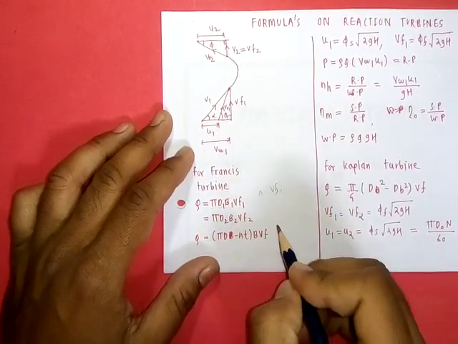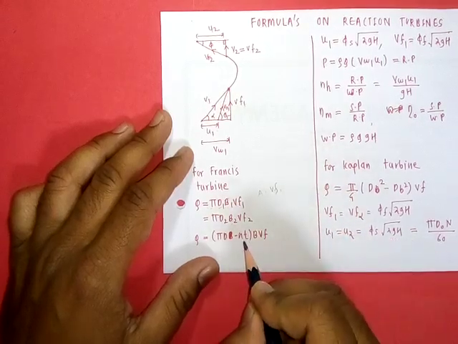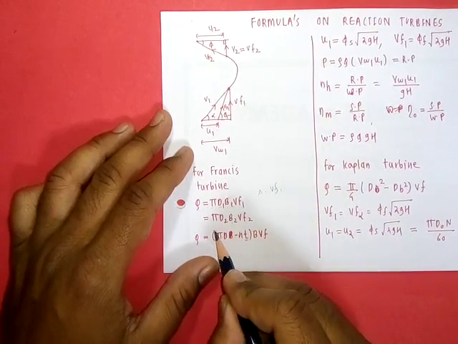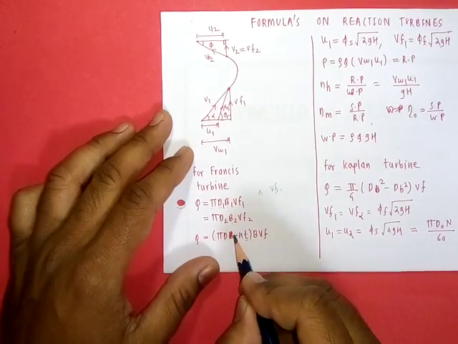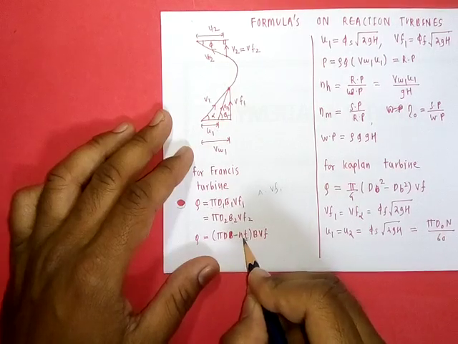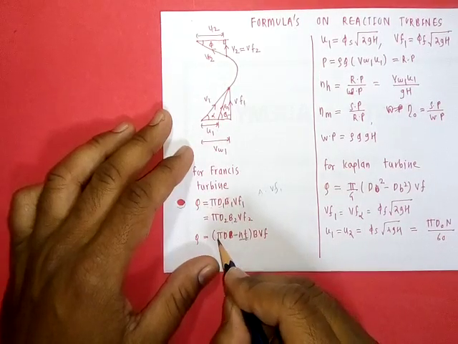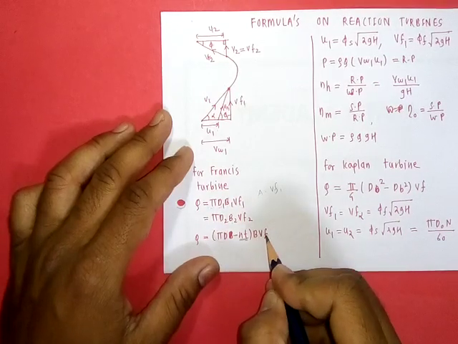If the number of blades n is given, and each blade has thickness t, then out of pi d, the portion n t will be covered by blades, so this is not available for flow. So total area is pi d minus n t into b.